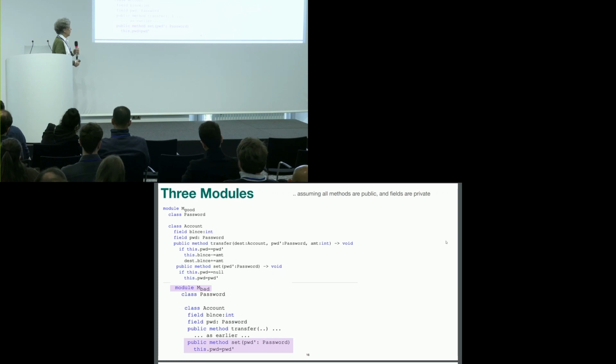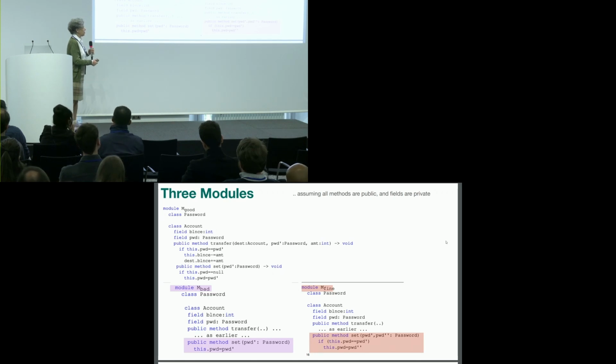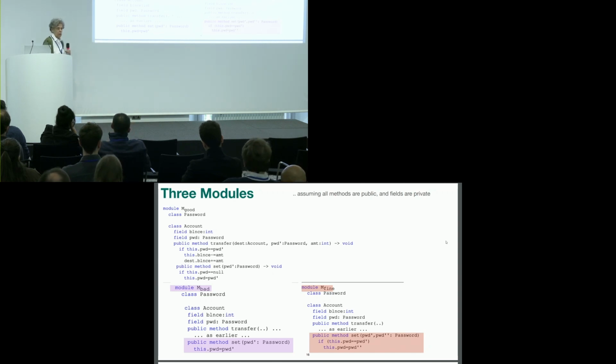And then I have got another version of the module, and this is a bad version of the module. I have modified the method set so that I can reset the password to whatever I want. And the third version of the module, the fine module, which has got a method set, but does not modify the password unless you already gave it the correct password.